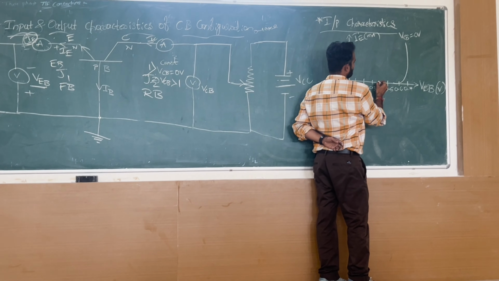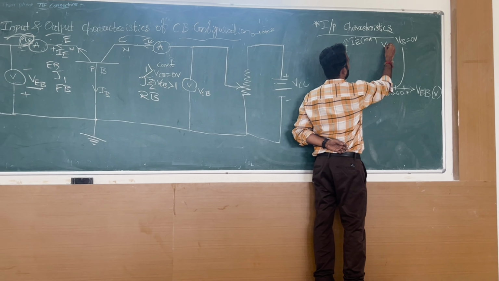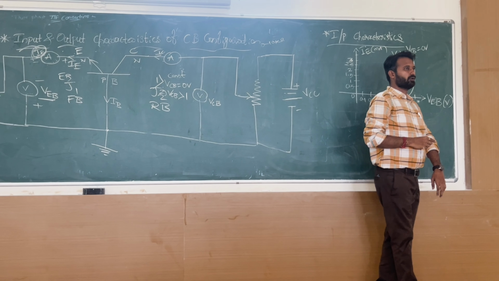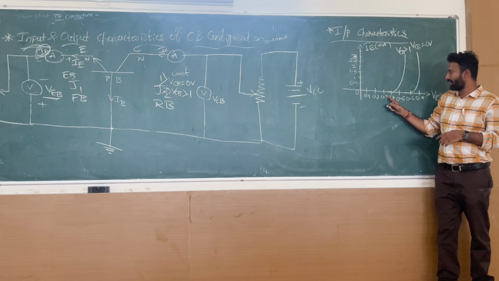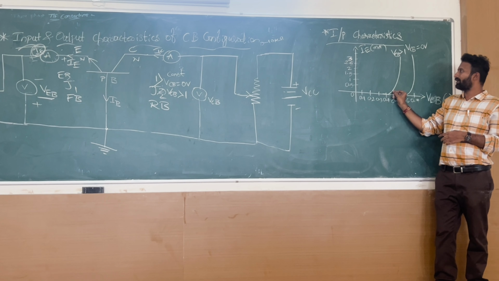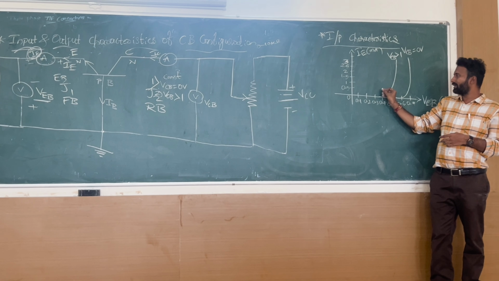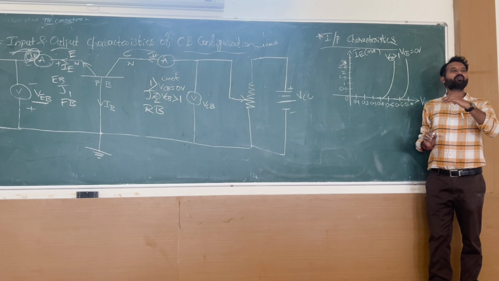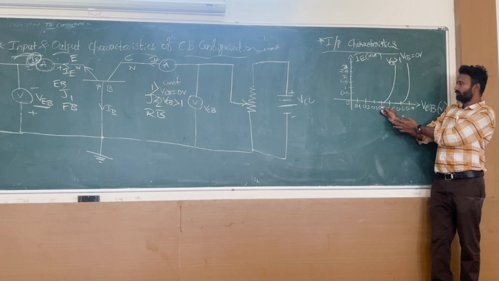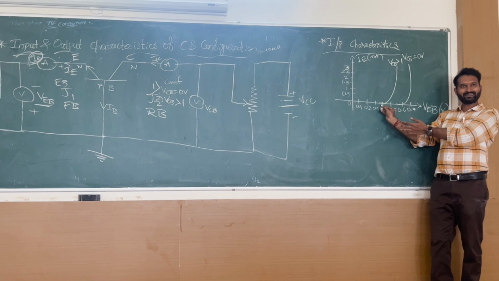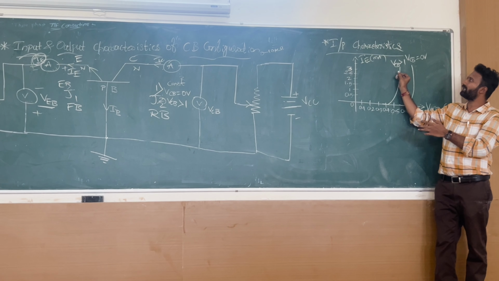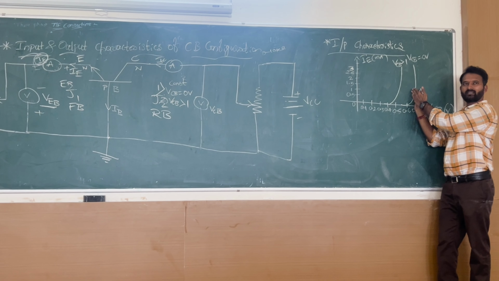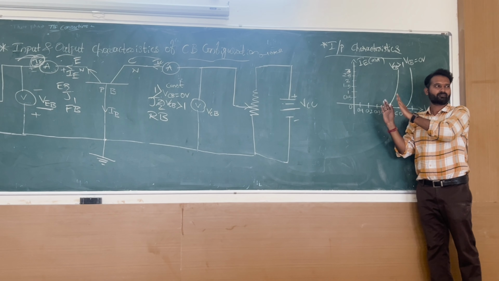This graph will shift towards the left side for VCB greater than 1 volt, because for a lesser value of VEB the current will increase rapidly. Understandable? This graph will shift towards the left side.